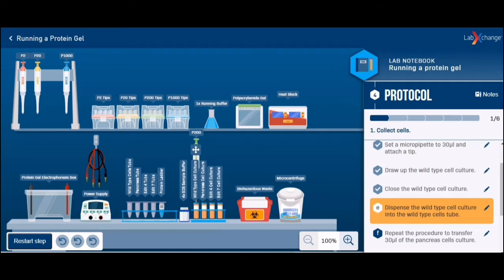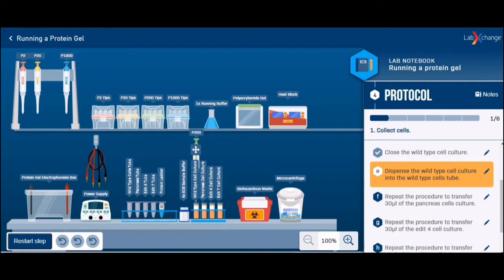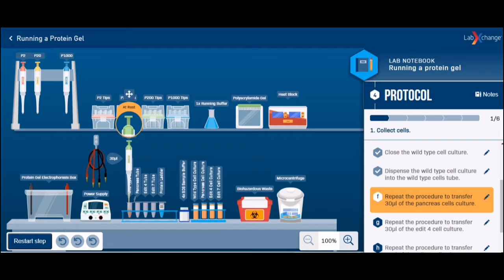Next, close the wild type cell culture. After closing it, dispense the wild type cell culture into the wild type cells tube. Open the lid and put the wild type cell culture in the tube.